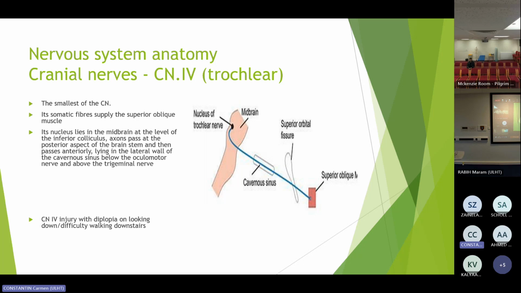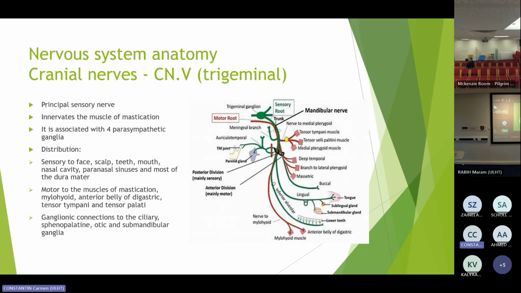Because of its place and journey to the lateral side of the cavernous sinus, we could have the fourth nerve palsy, for example, if we have a dissection or a tumor in this area. The fourth cranial nerve is going to give double vision, especially when the patient looks down. This is why they could have, for example, difficulties walking downstairs.